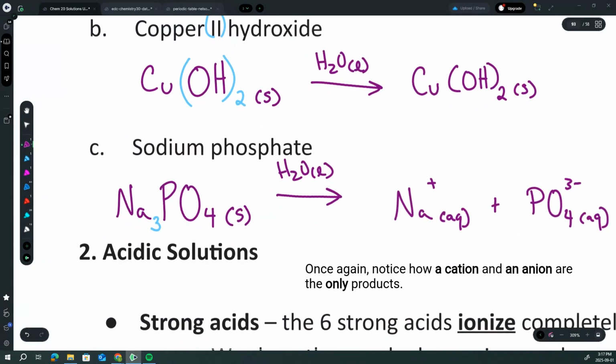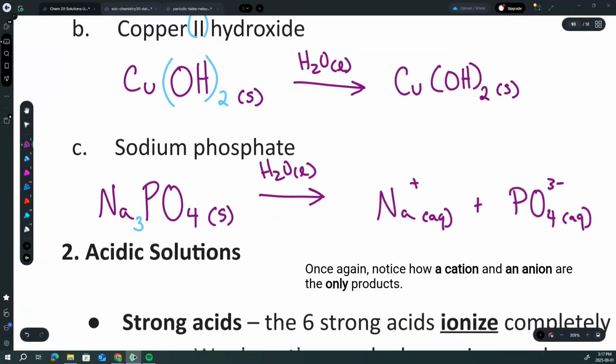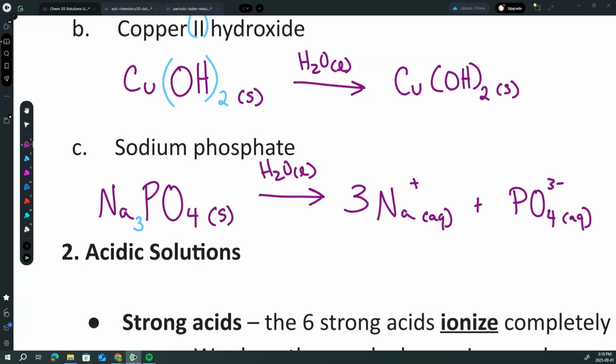Now, one last thing we have to do before we move on here is notice how there's 3 sodiums going in but only 1 sodium going out. So we do need to balance our dissociation equation by placing a 3 in front of the sodium. Just remember, with balancing equations, you balance equations using the coefficients, so the big numbers in front of whatever chemical substance you're talking about.